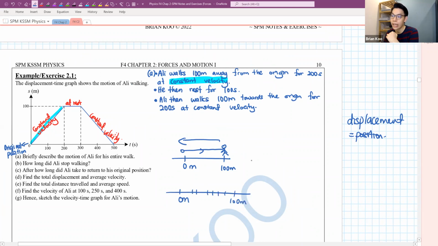Then from 100 meter there, he will slowly walk back, and then he'll reach 50, and then slowly come back until 0. So the displacement is like position. The point O is always the original. So any original position, I can call it point O.